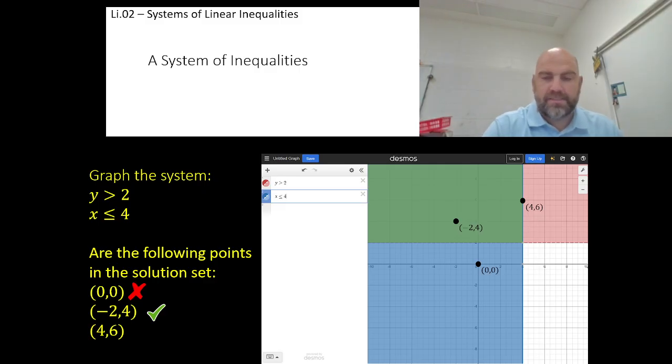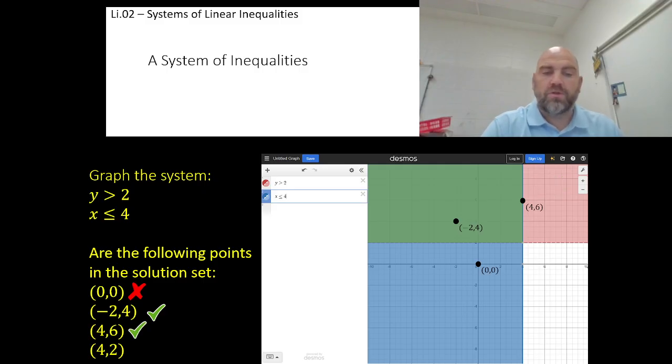For the second one, we're looking at the x value. Is 4 less than or equal to 4? Well, yeah, it's equal to. It's not less than, but it is equal to. So both of those work, and you can barely see the two green check marks, but they are there. So this one does work, which means that it is a part of the solution set.